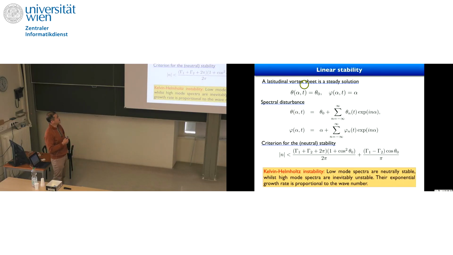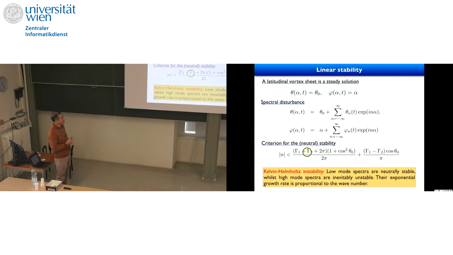So a latitudinal Vortex seed is a steady state solution, at the same latitude theta 0, with alpha going along this latitude. When we add spectral disturbances to this steady state, the standard linear stability analysis gives the condition for linear stability for this spectrum, which is given by this.